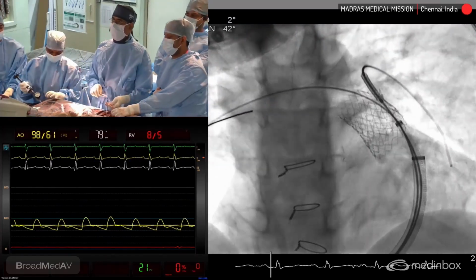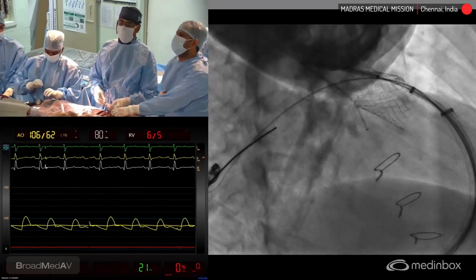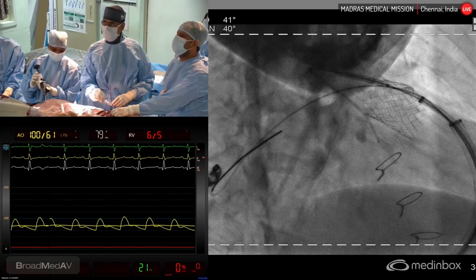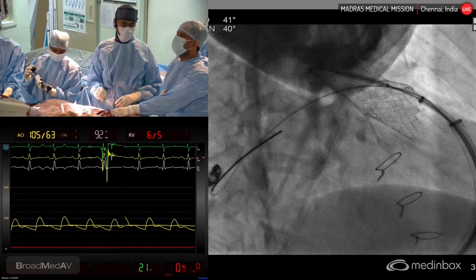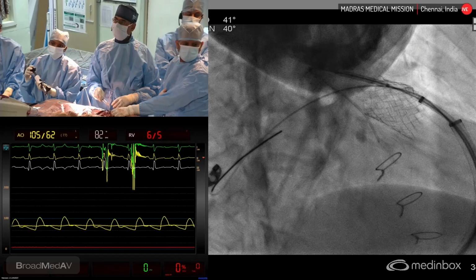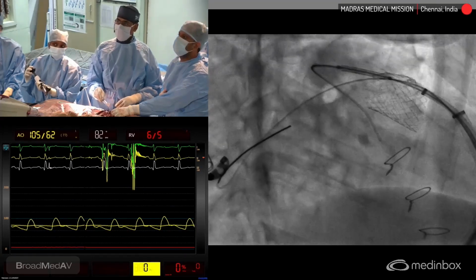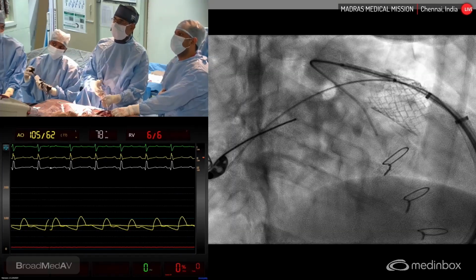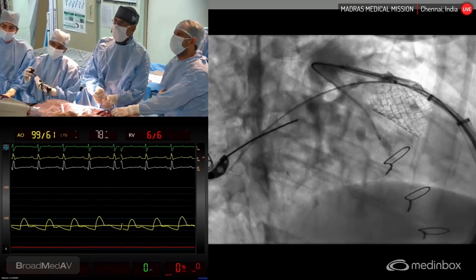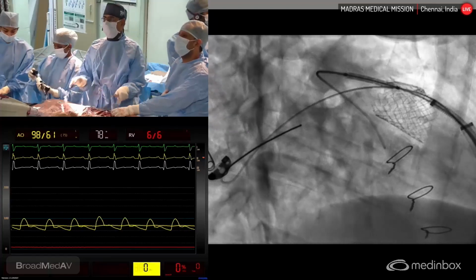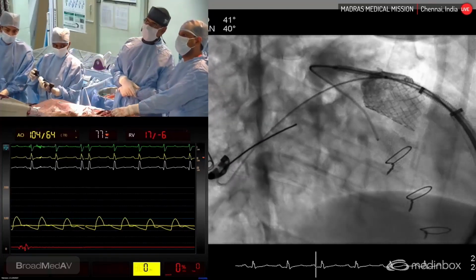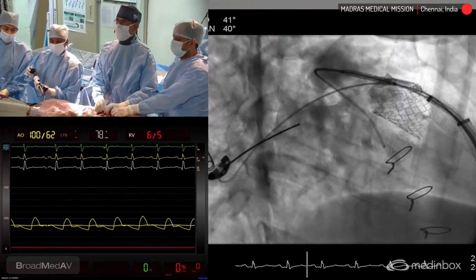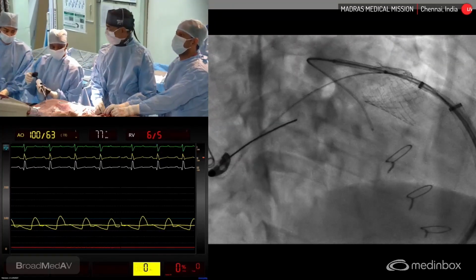Can we turn the face a little bit so that it comes out of the... Yeah, that's fine now. So I'm going to make another angiogram to see. Yeah, it's covering the left pulmonary artery stenosis. So at this position, the sheath has completely come out.